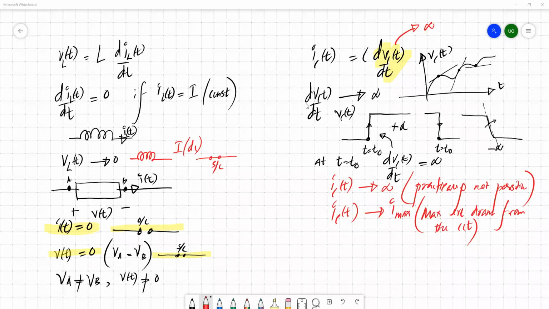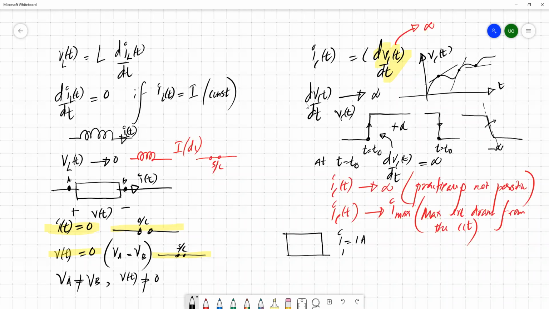We know that if the derivative goes to infinity, the current basically jumps to its maximum. Whatever the circuit is, it is designed for a certain current rating. For example, you have a circuit, and this circuit is designed for a current of 1 ampere.